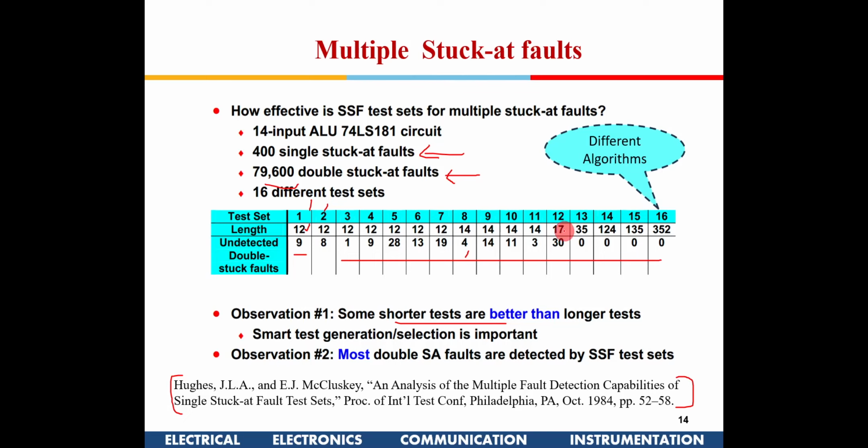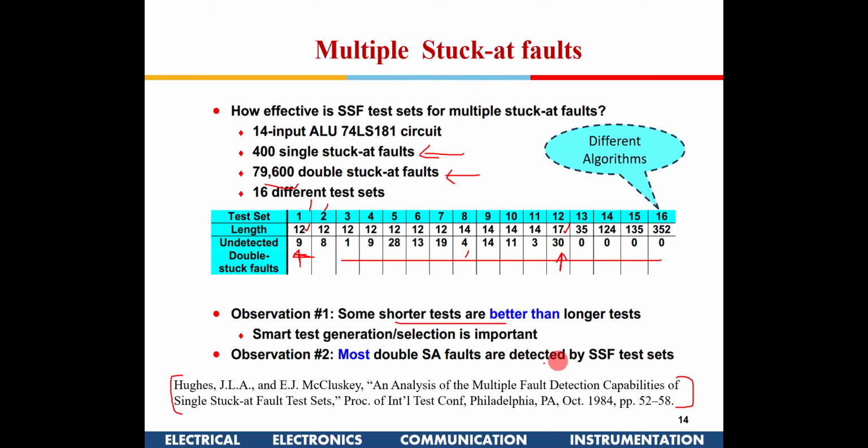In this algorithm, they used 17 vectors, but 30 double faults were not detected. But all the single faults have been covered. For algorithm 1, they required 12 test vectors to cover all single stuck-at faults, and on completion they found that 9 multiple faults were left out.